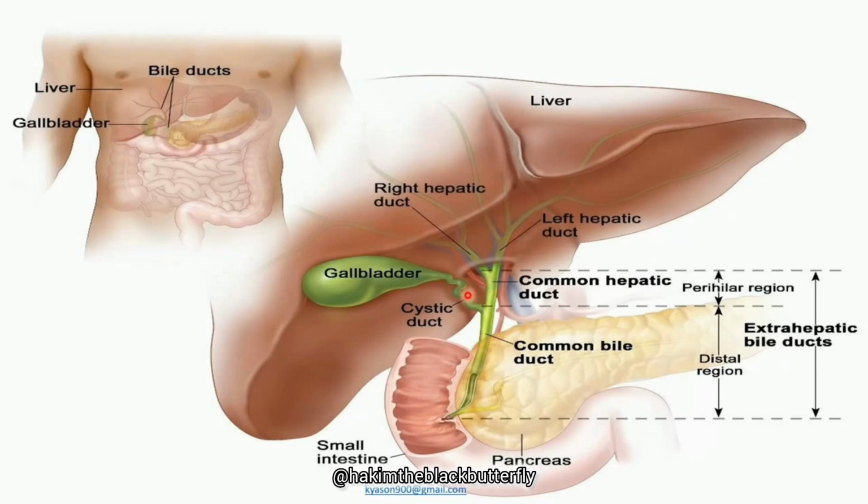So these are the different components of the extrahepatic biliary system: the common hepatic duct, the cystic duct, the gallbladder, and the common bile duct. We are going to talk about them briefly.